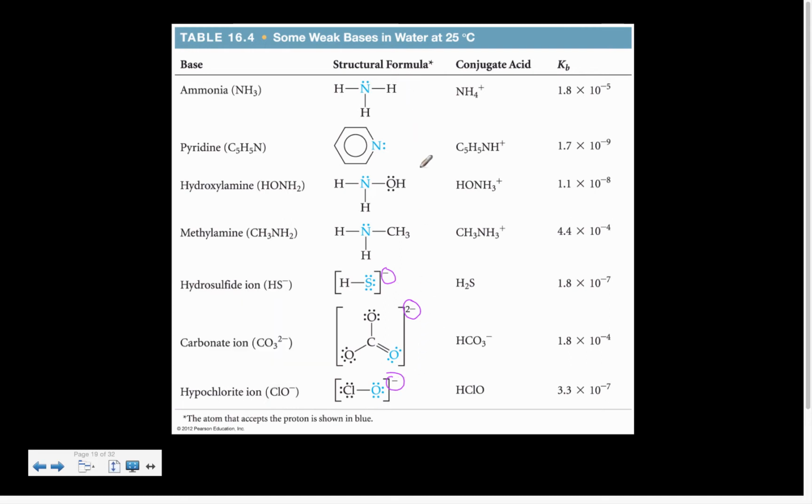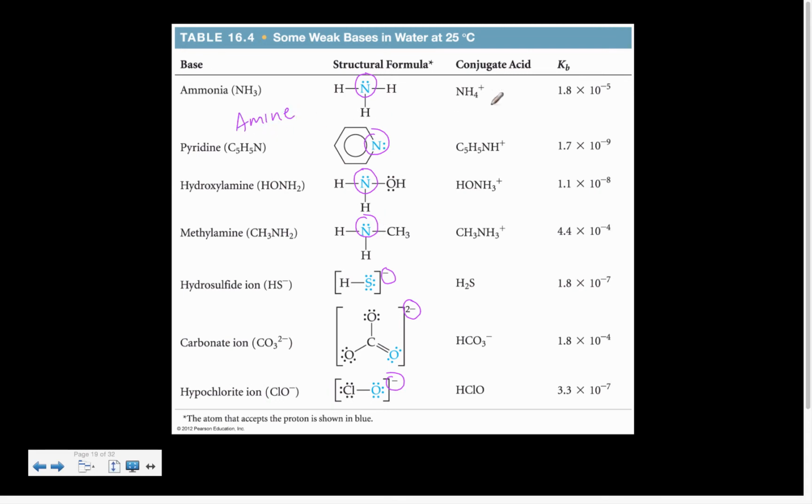Now, up here, though, we have a different trend. But all of these are similar in that we have a nitrogen with a lone pair. So nitrogen with a lone pair is going to be another of our most common weak bases, and in general these are referred to as amines.